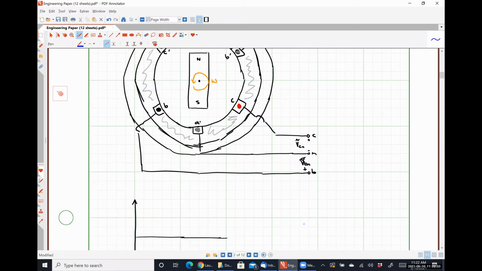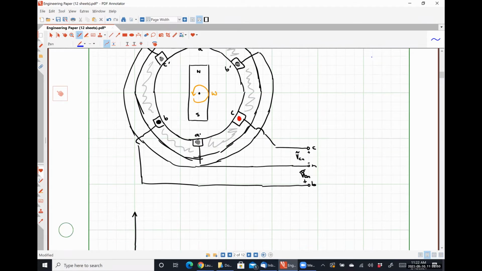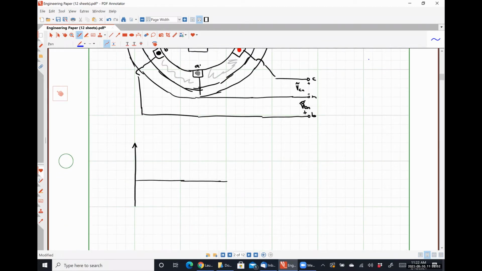At the point that I have drawn on the circuit, the north pole of the magnet is directly lined up with the A phase, and the south pole of the magnet is directly lined up with the A prime coil. And so that means that would be the start of our cosine signal. Okay, so it would look something like this.